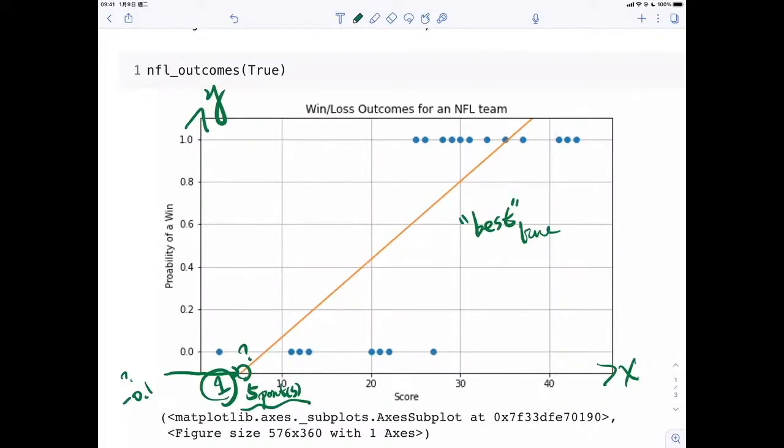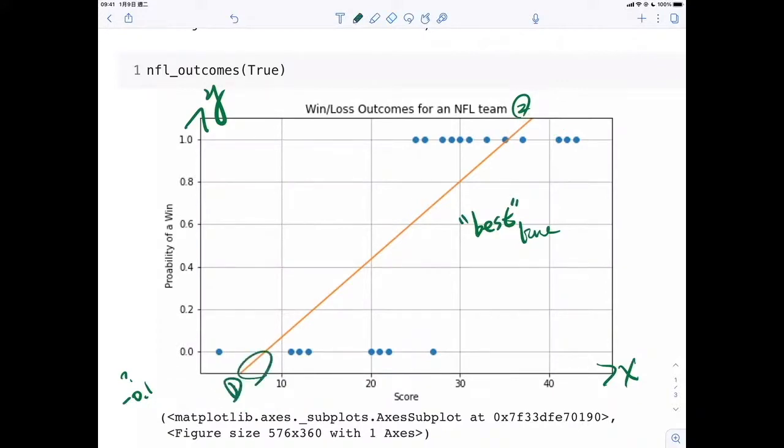We don't have such a thing as a probability of minus 0.1. So the line lower than 0 is meaningless. And the probability higher than 1.0 is also meaningless. So it seems it's not appropriate to describe such data using linear regression.